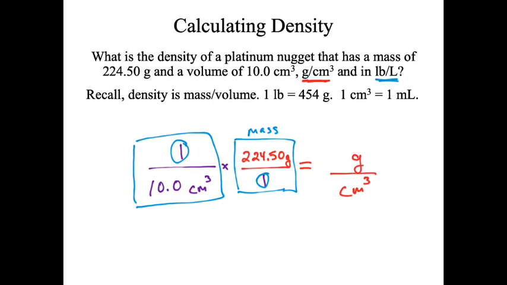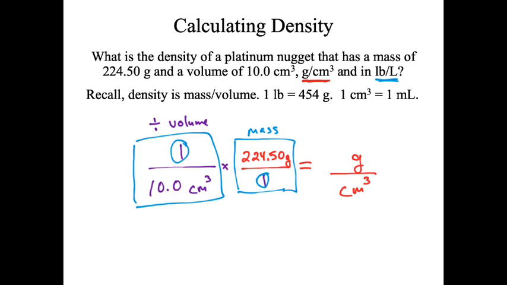What happens when we move the other one? What was the thing that you were given? 10 centimeters cubed. You weren't given that in the denominator. You were given that in the numerator. By placing the 1 here, what we're acknowledging is that you need to divide by the volume.